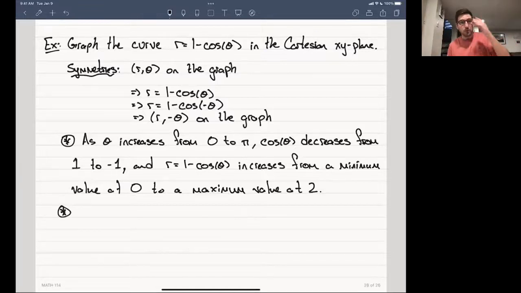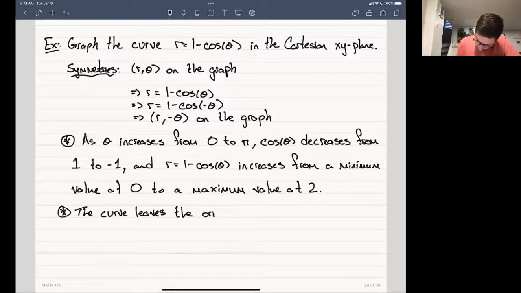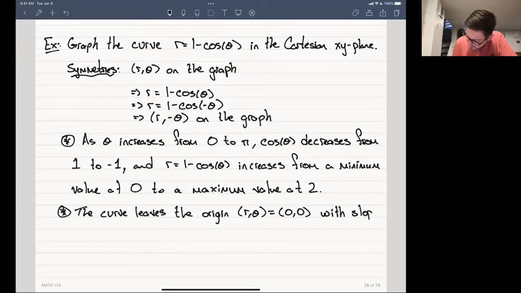How about some slopes? So you can use the formula above to find that the curve leaves the origin, and that is (r, theta) equal to (0, 0), right? So when theta is equal to 0, then r is equal to 0 on this curve with slope. Take it, put it into that formula. You're good at derivatives. You can do that formula above.